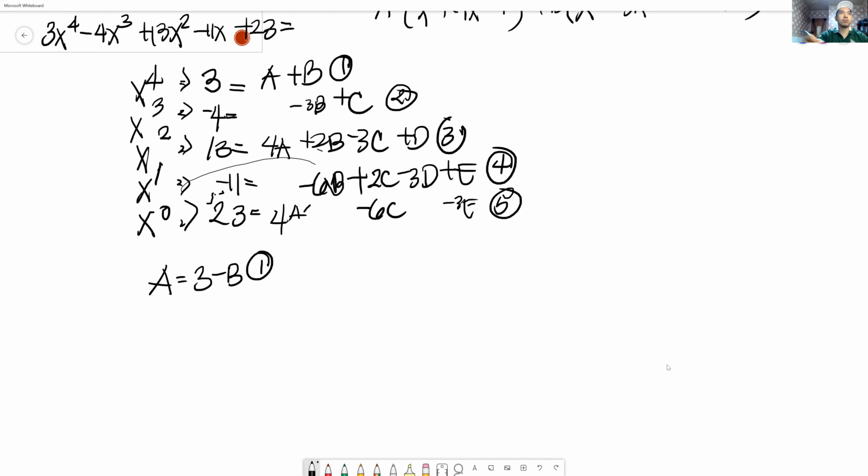Let this be our first equation. So we can substitute that to any of the equations that we like. So if we substitute that, a equals negative 3b. Okay. So what else can we substitute?